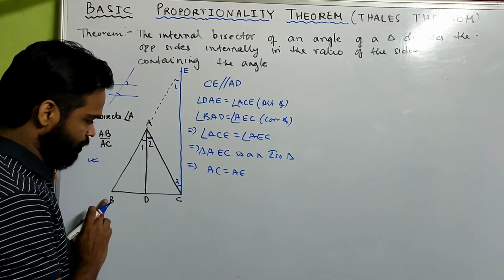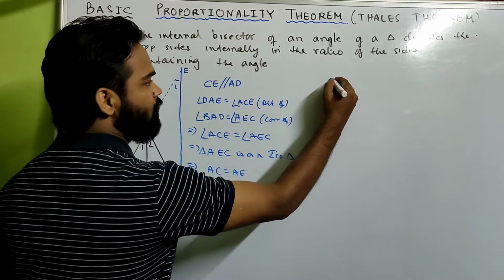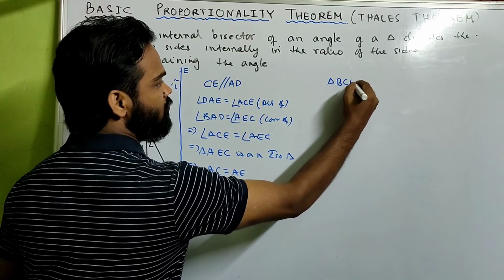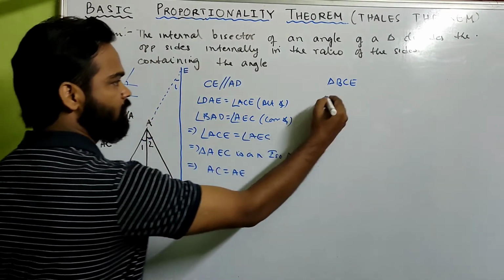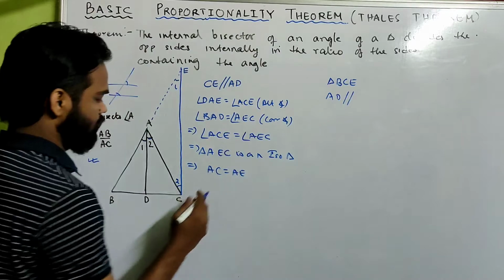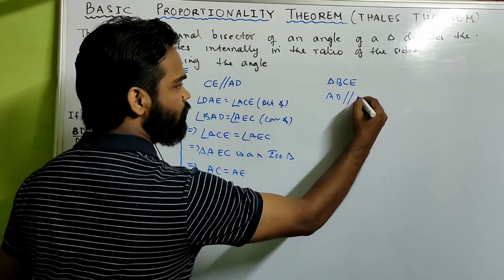Now look at this triangle BCE. In triangle BCE, AD is parallel to EC, isn't it?